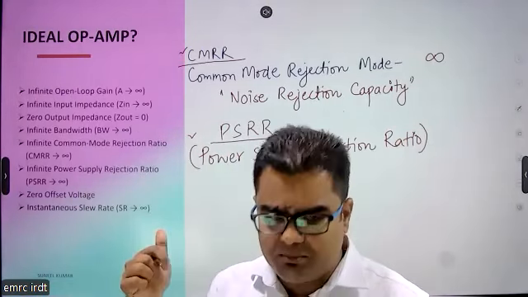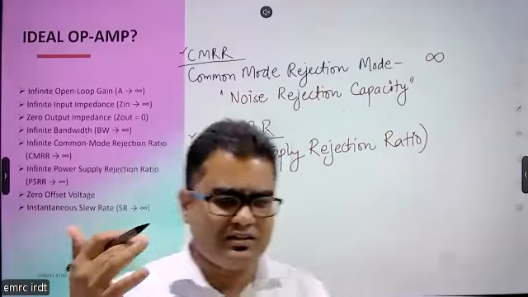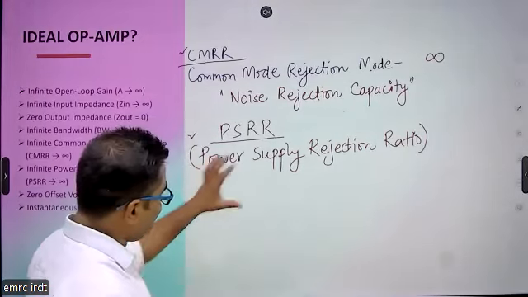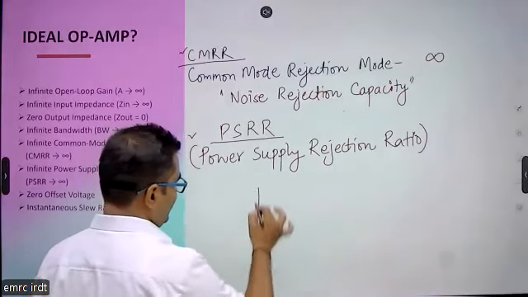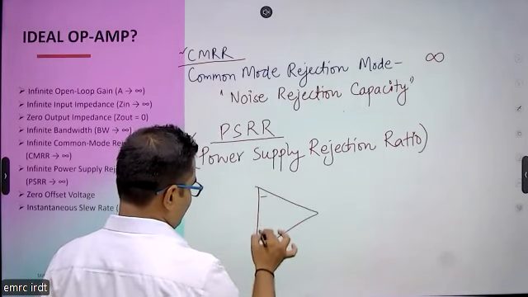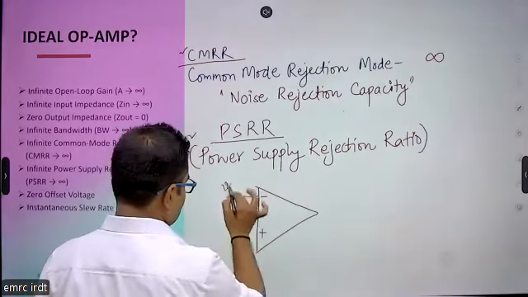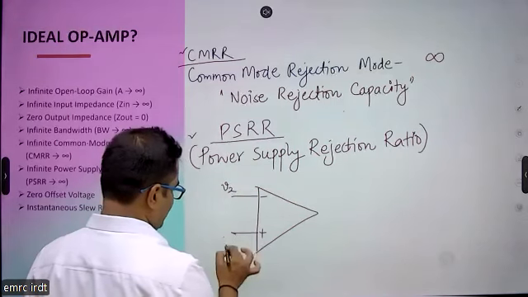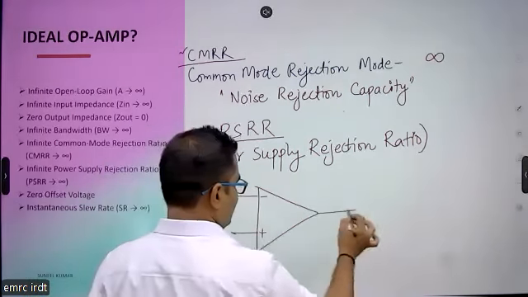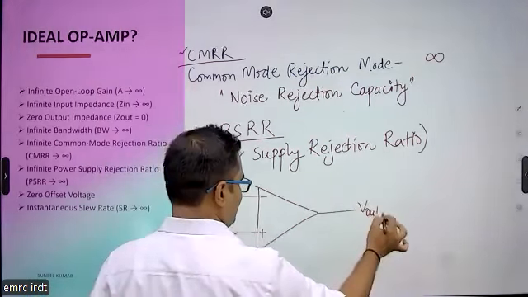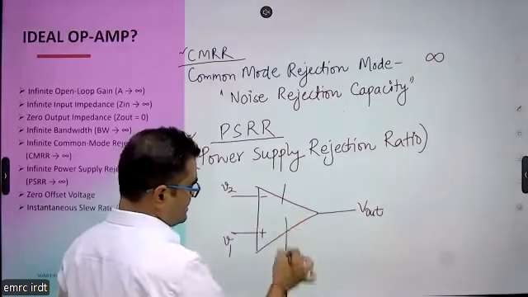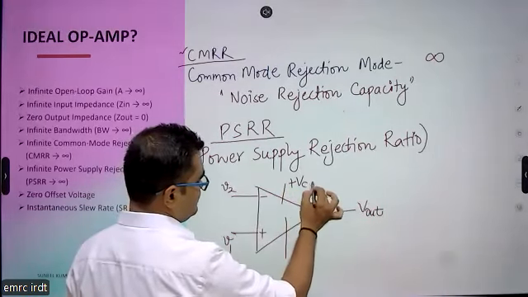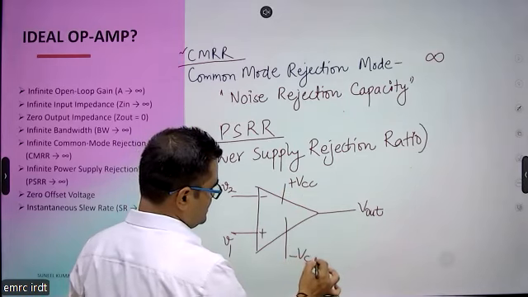We have seen in the symbol as well as in the pin diagram that we are giving two external DC supplies. Here we have the inverting terminal V2, the non-inverting terminal V1, and the output, with two external DC supplies, plus VCC and minus VCC.